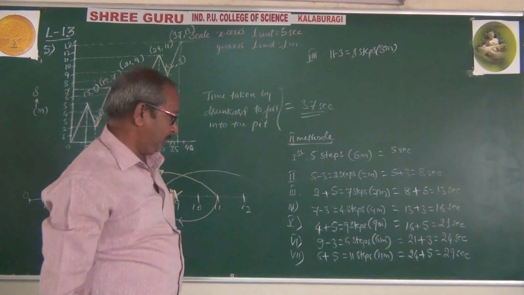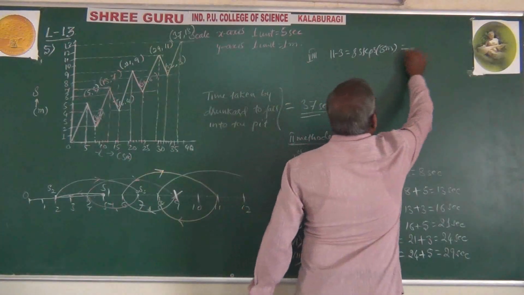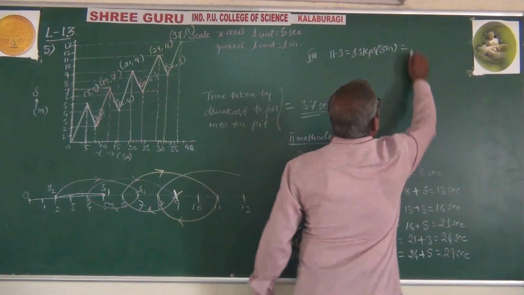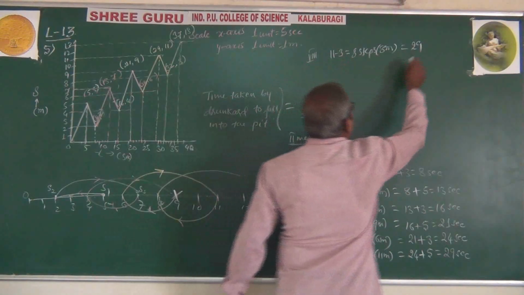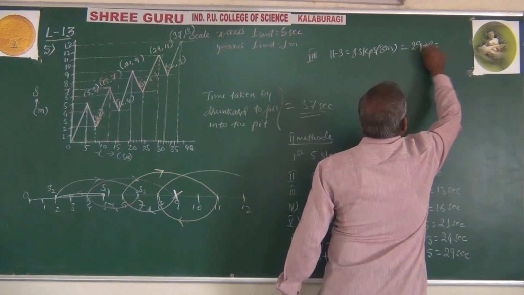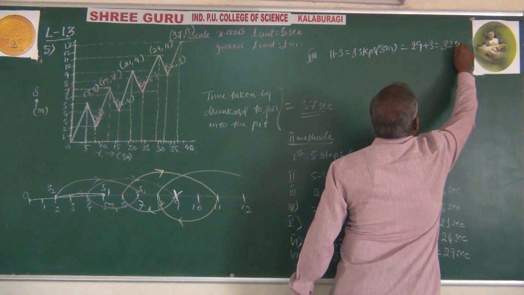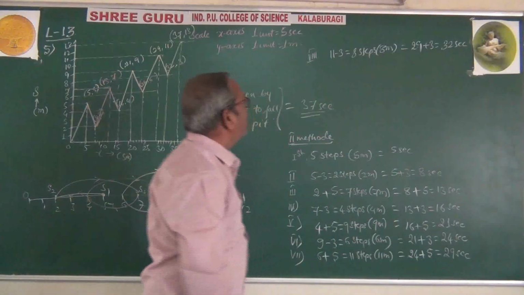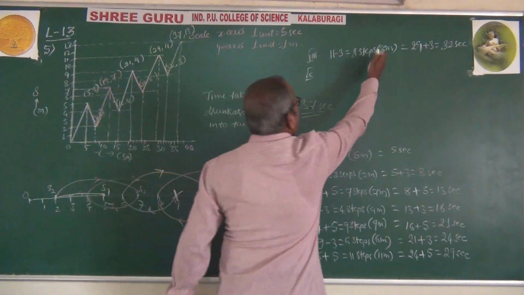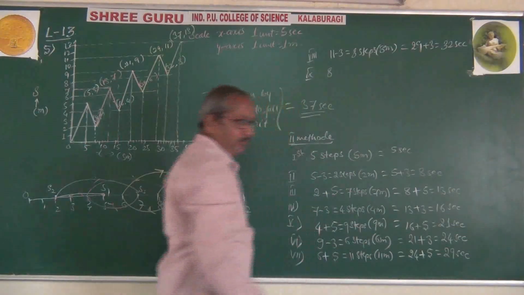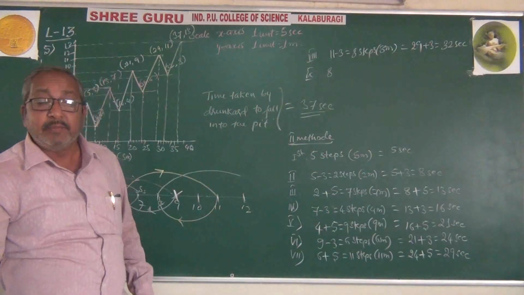For this 29 already complete, plus 3 steps backward 3 seconds equal to how much? 32 seconds. After last position, 9th position here, he is at 8 meter position.